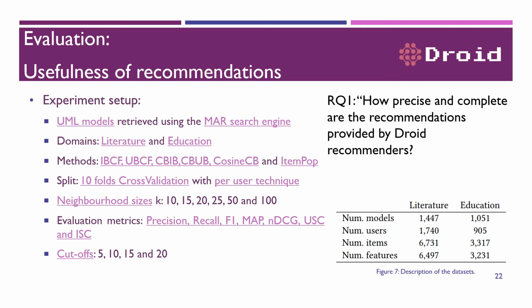We defined all the methods supported by Droid, following a 10-fold cross-validation with a per-user technique as a splitting methodology, with neighborhood sizes of 10, 15, 20, 25, 50, and 100 for the collaborative filtering-based methods. Finally, we evaluated the methods with the 7 metrics of Droid and cutoff values of 5, 10, 15, and 20.